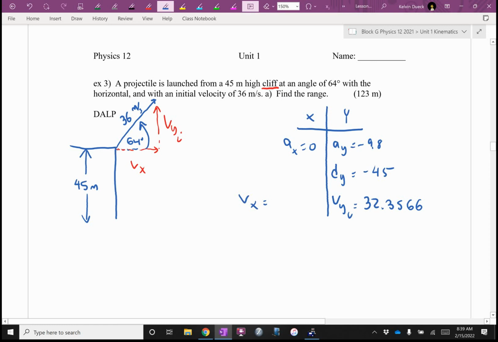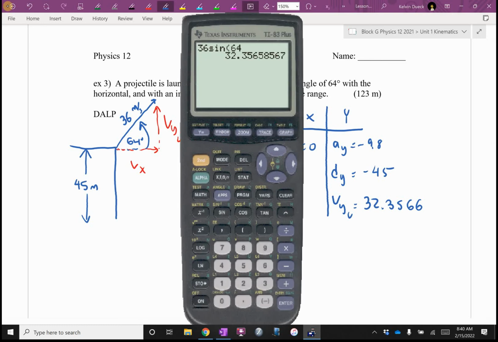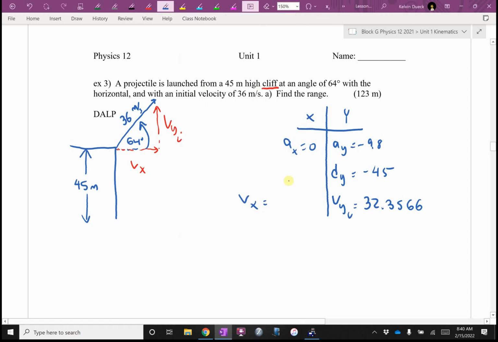Which trig function was Vx then? Yeah, of course it was cosine. And I get 15.7814. And I'm carrying the extra sig figs because I know I'm going to use these.